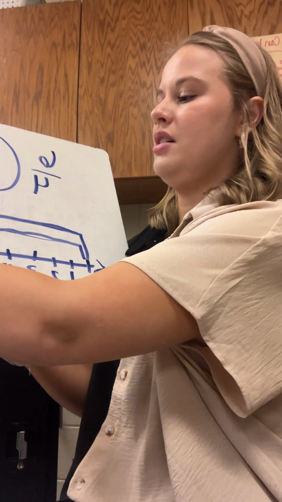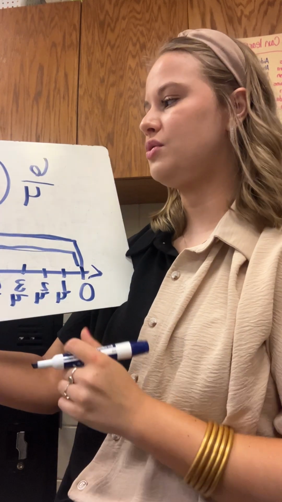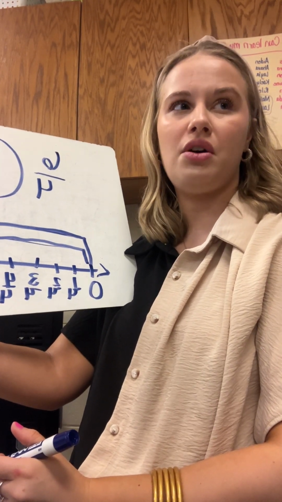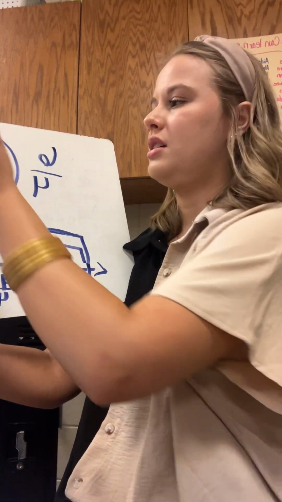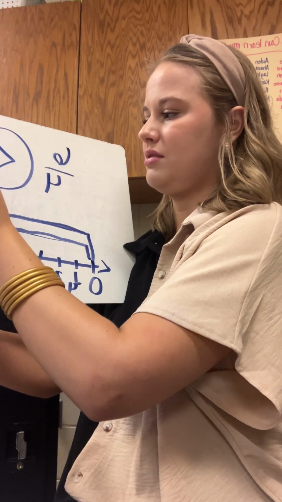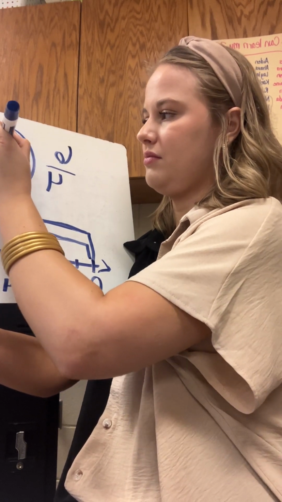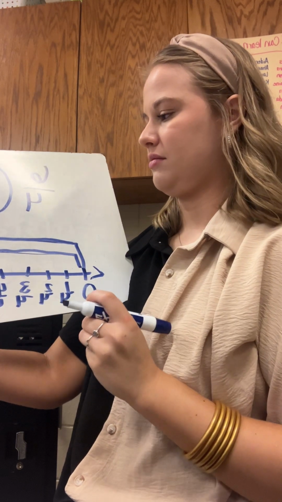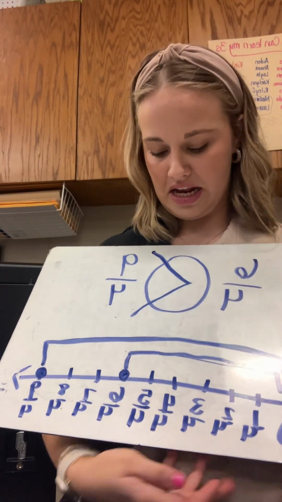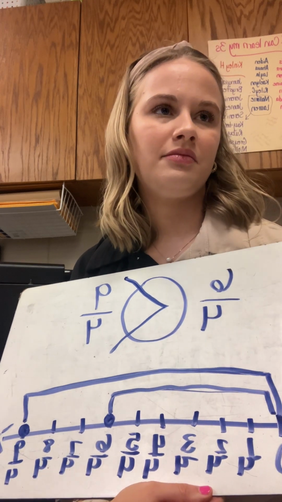Alligator mouth. So which one is the alligator mouth going to eat? Because remember, it always eats the largest, right? So we're going to draw our alligator mouth eating 9/4. Draw on your paper your alligator mouth eating 9/4.